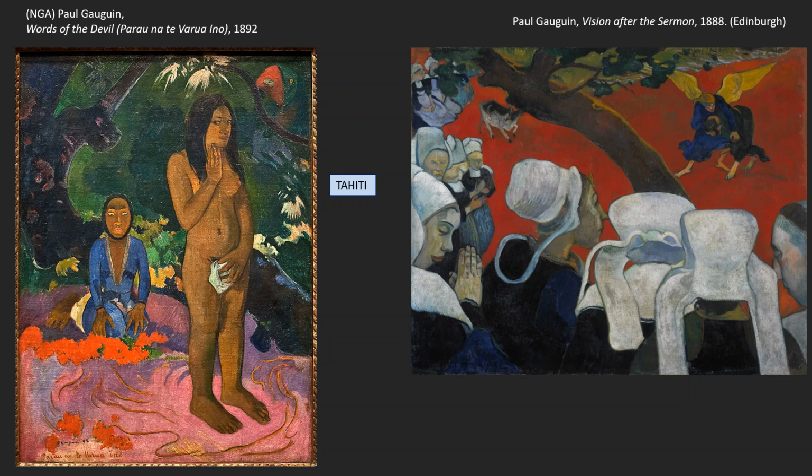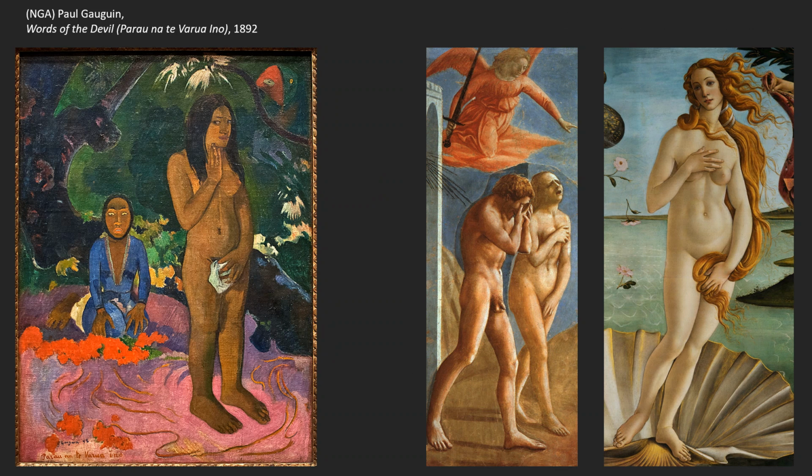Her pose, the figure listening on the right, covering up her genitalia with her hand here and across one of her breasts, is sort of an amalgam of two different poses. Eve makes sense. In the center is Masaccio, 1420s or so, right?